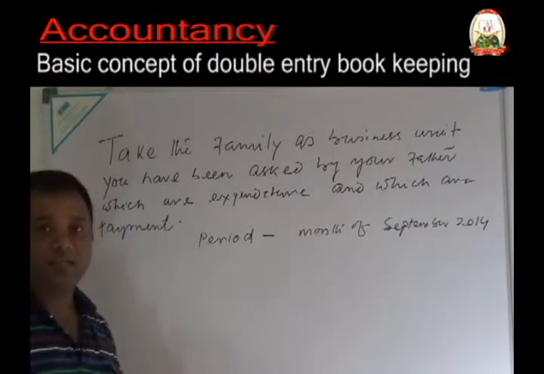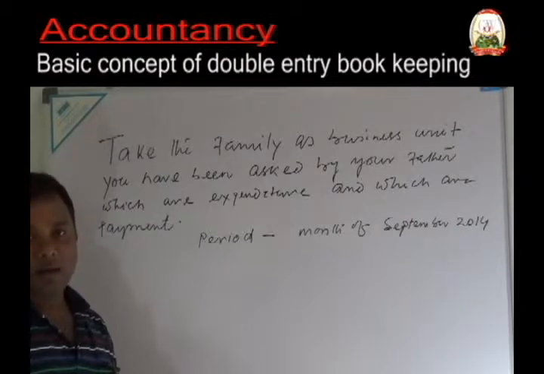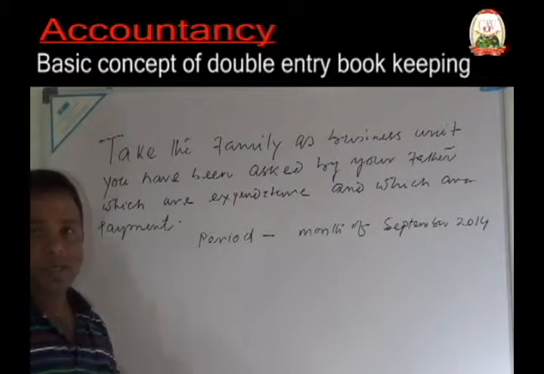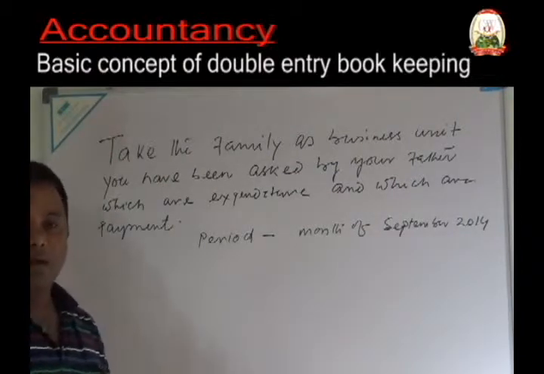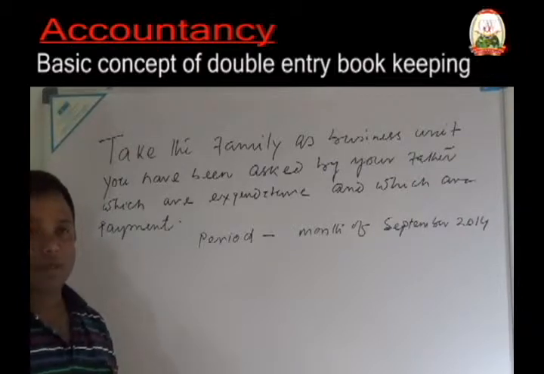Suppose you have been asked by your father to identify the expenditure which has been paid and the expenditure which has been incurred. In day-to-day life you spend on grocery, tuition fee, rent of your house, all these things.